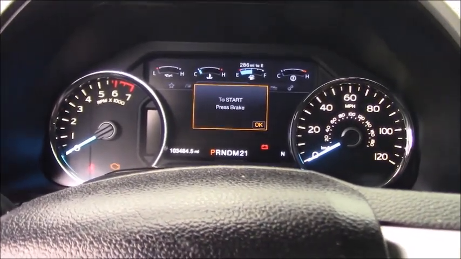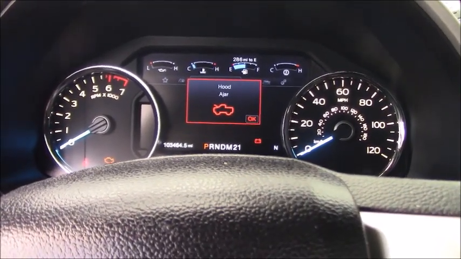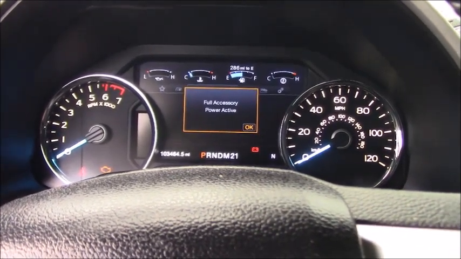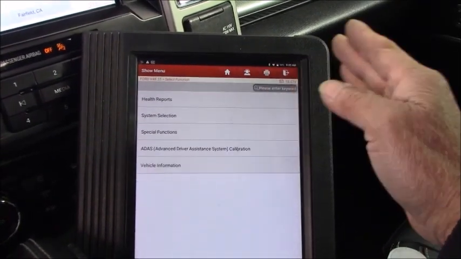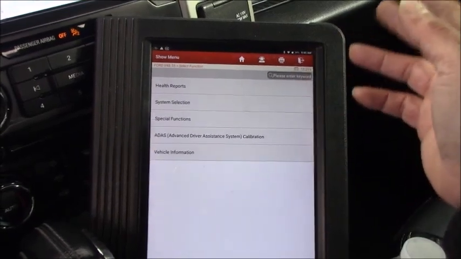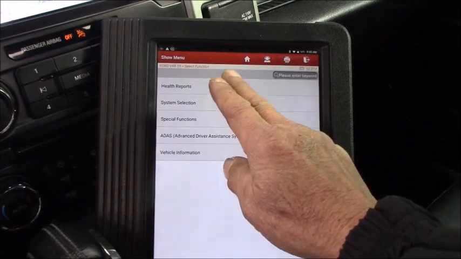What I would like to do is scan all the modules and see if anything is related to what causes the fan running, any related fault code.